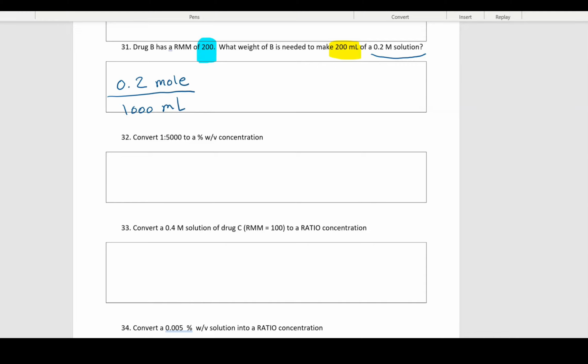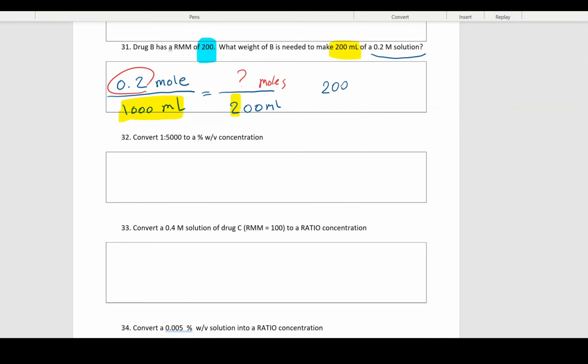Now we don't need 1,000 milliliters, we just need 200 milliliters. So in 1,000 we have 0.2 moles. How many moles do we have in 200?